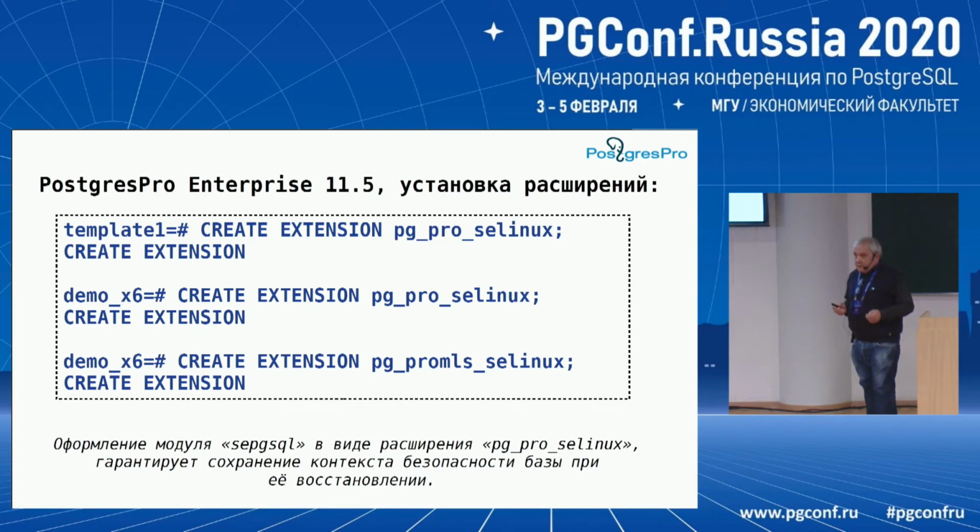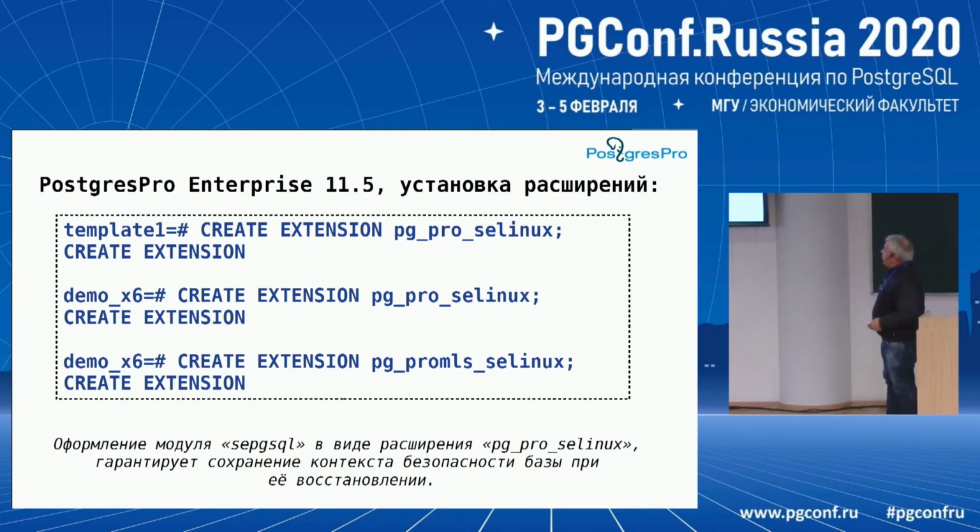Further on, we created two extensions. One is PG Pro SELinux. This is a wrapping on top of four regular functions of SELinux in PGSQL. Why do we need it? It's an additional guarantee that as we recover the base database from dump, the security environment will be maintained.